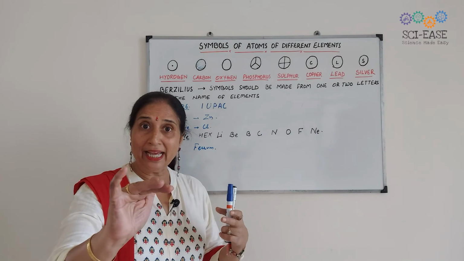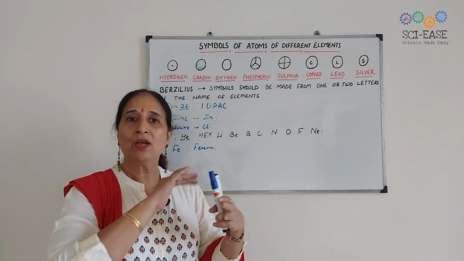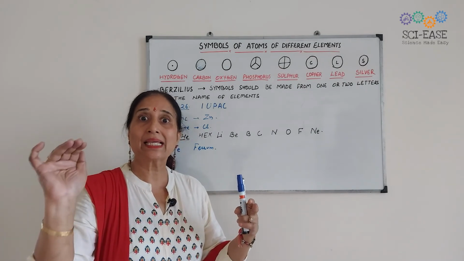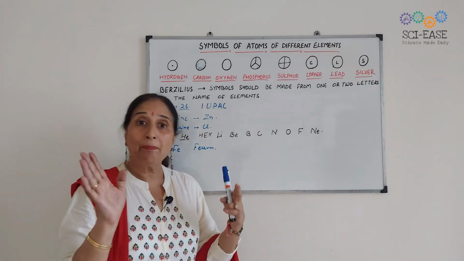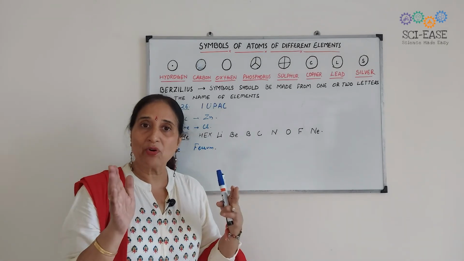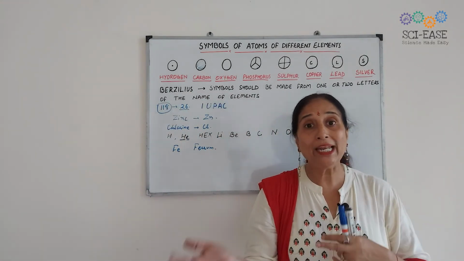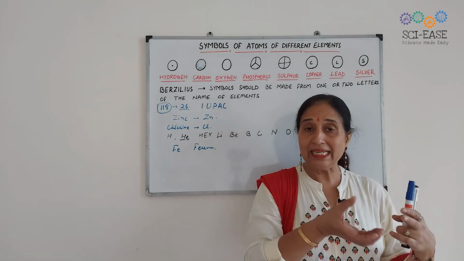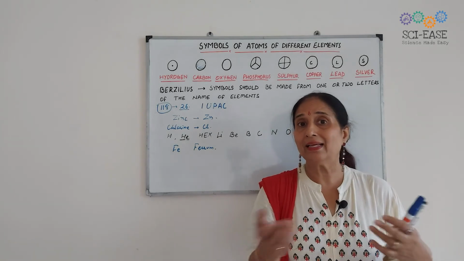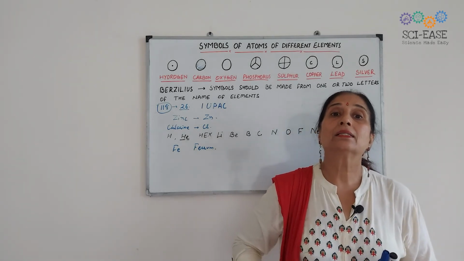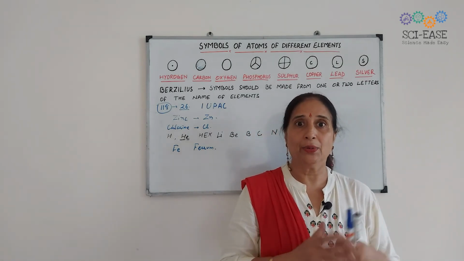Up to 10 I have told you, then 11 is sodium, Na. Up to 20, 20 is calcium, Ca, C capital, A small. Up to that, you must memorize the symbols, because when we form a molecule from these elements, if you know the symbols, then and only then can you write the chemical formula of the molecule.